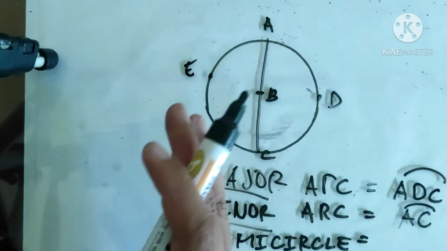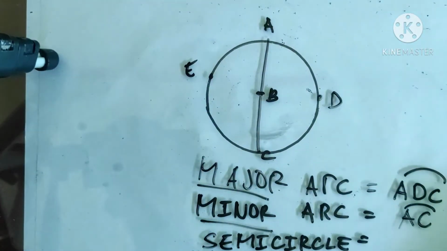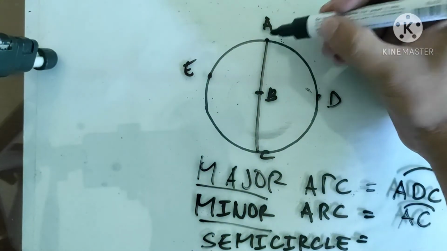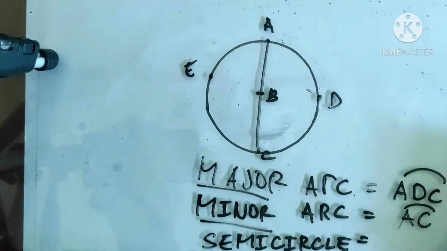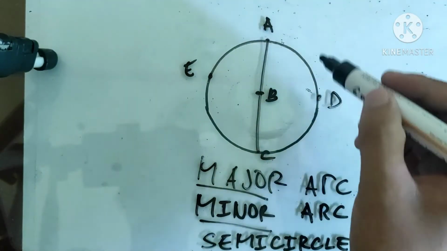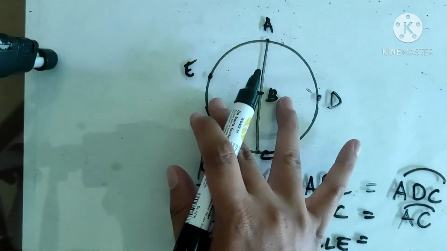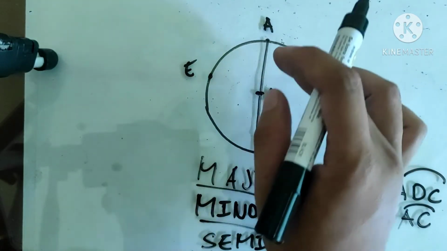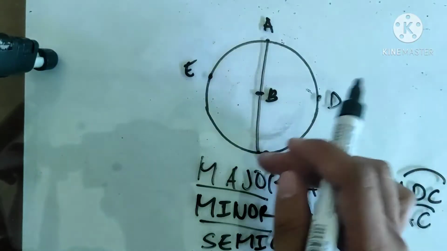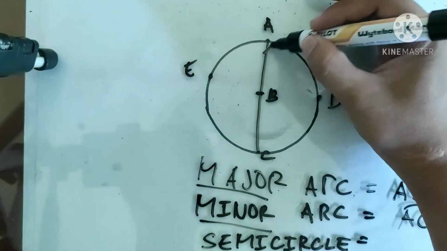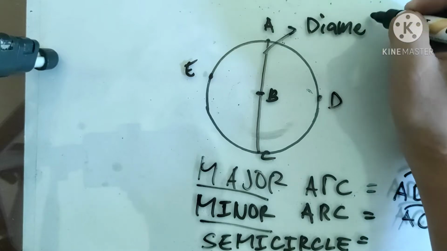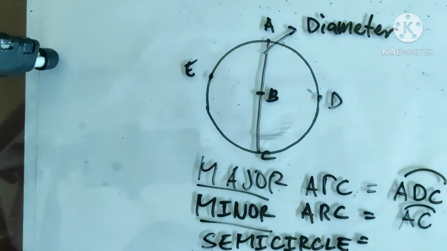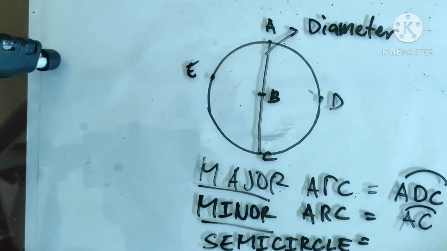So, yung semicircle, dinidivide niya yung itong line na to, si line ABC, dinidivide niya yung ating circle into two equal parts, no? And each two equal parts has the same length of semicircle. So, itong line ABC na to, tinatawag din natin itong diameter. Okay? Yan yung diameter natin.